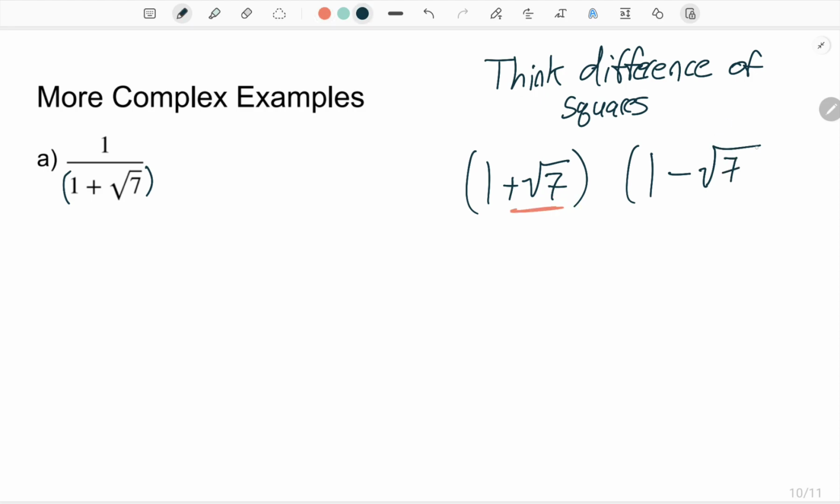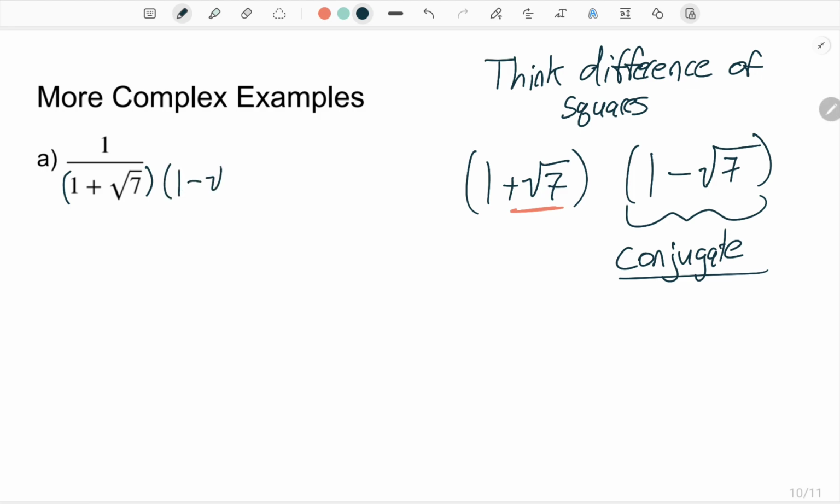And that becomes, when we multiply it, it's going to work out. This thing, this 1 minus root 7, we call this the conjugate. So the conjugate is the thing that we multiply another radical part, let's say, which will make that radical disappear. It's kind of that difference of squares part.